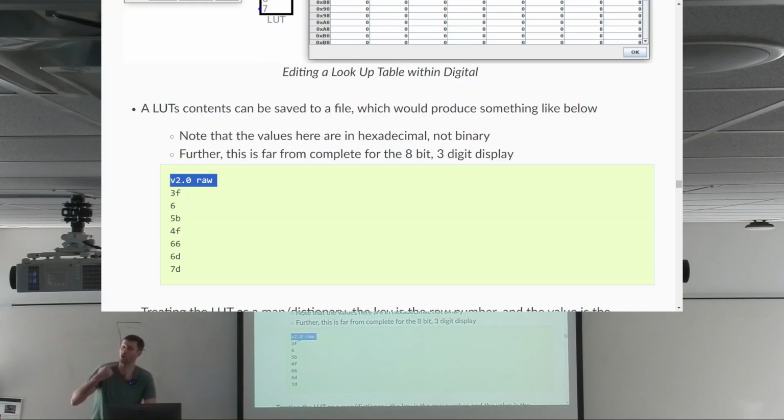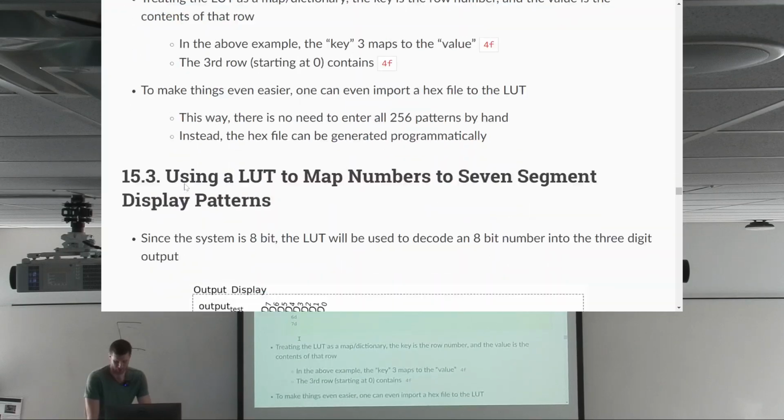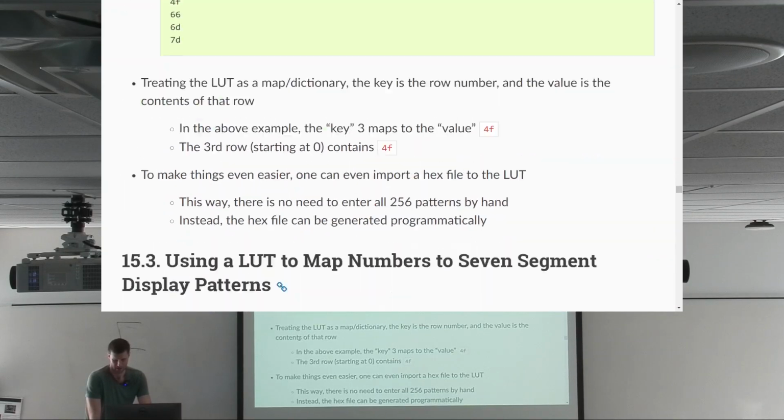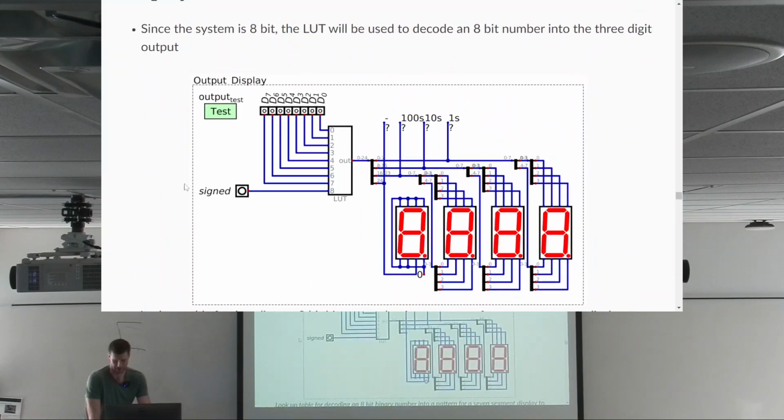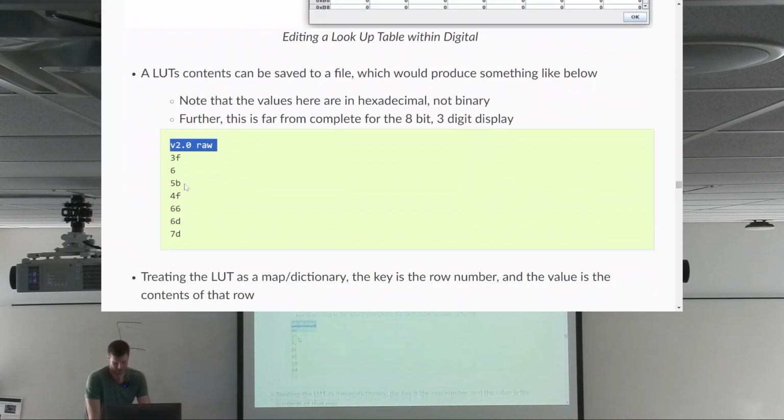So we can create a text file where we create the 25-bit patterns in each row here. But of course, we're not going to do that. We're going to write a program to make those hex files. But we'll get there shortly.